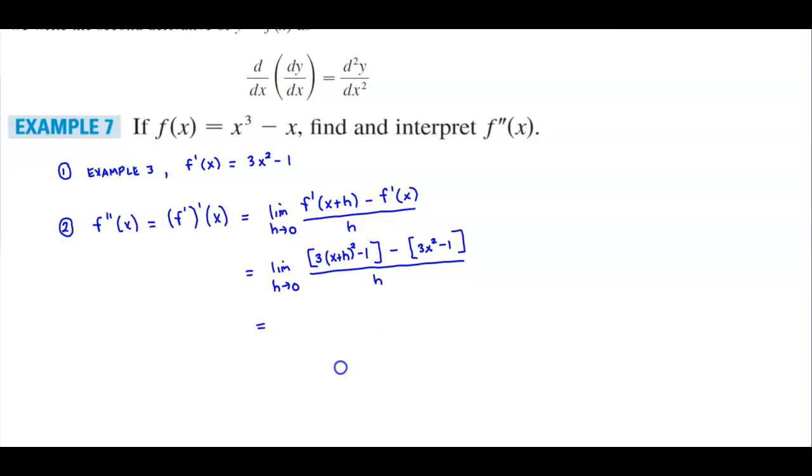Now if we simplify this a little further, we have 3 times x squared plus 2xh plus h squared, minus 1, minus 3x squared minus 1, divided by h.